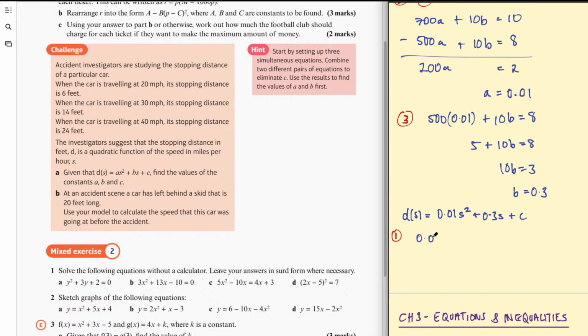So now we have a, which is 0.01 times 20 squared, plus 0.3 times 20, plus c equal to 6.